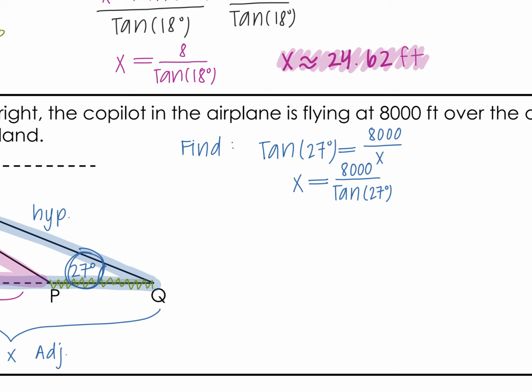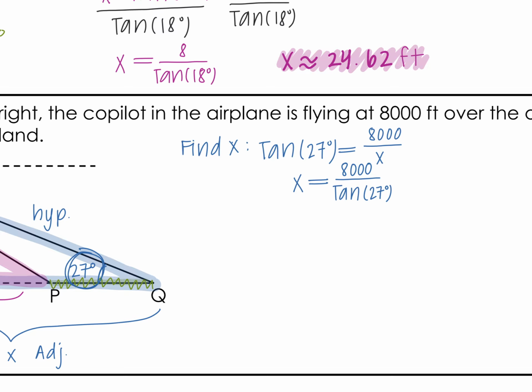And that should give you your answer. Now, I'm going to hold off on plugging this into a calculator and plug in everything at once so that I don't have to round a million times and then have a rounding error in my answer. Okay, so this should say find x.